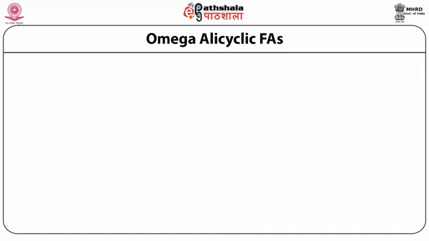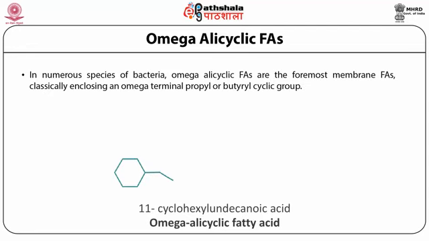Omega alicyclic fatty acids. In numerous species of bacteria, omega alicyclic fatty acids are the foremost membrane fatty acids, classically enclosing an omega terminal propyl or butyryl cyclic group.